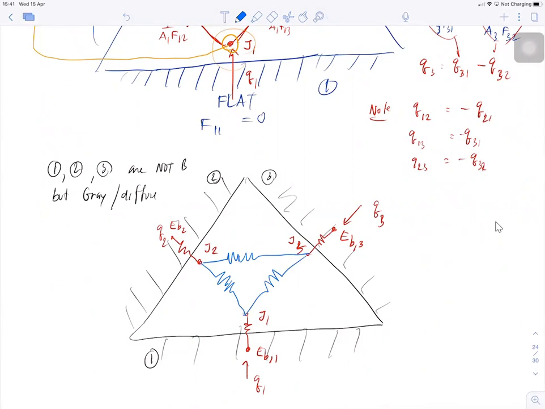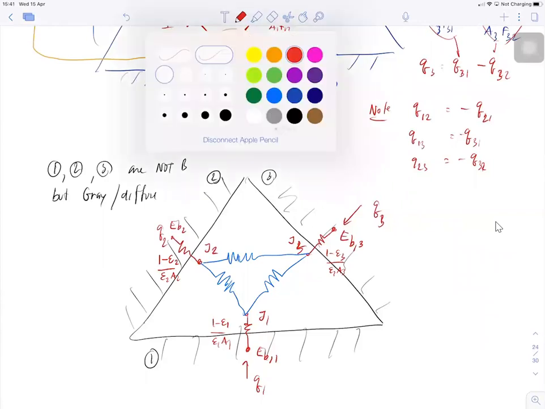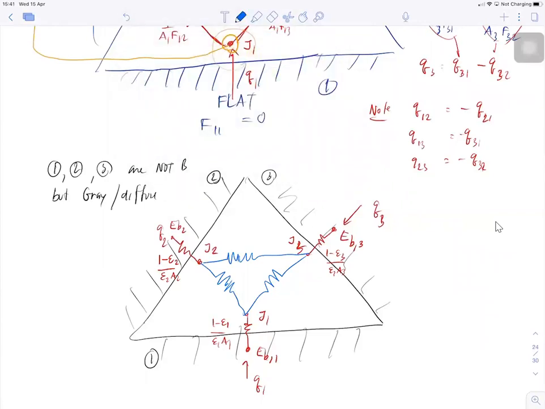Okay, and each resistance is, this is (1 minus epsilon 2) over epsilon 2 A2. This is (1 minus epsilon 1) over epsilon 1 A1. This is (1 minus epsilon 3) over epsilon 3 A3. Okay, and what is the resistance over here? This is a resistance 1 over A1 F13, which is equal to A3 F31.